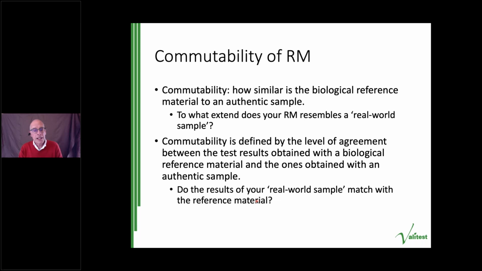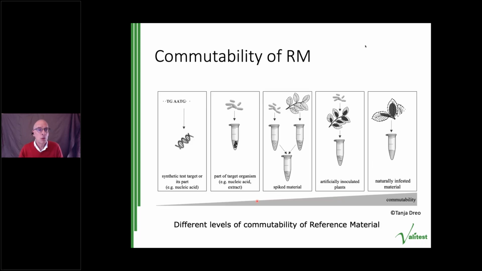To make that a little bit more visual, Tanja Dreo made a very nice graph of this, starting from synthetic nucleic acids test target, so that can usually be a G block or whatever, going to naturally infested material, it has an increasing level of commutability.